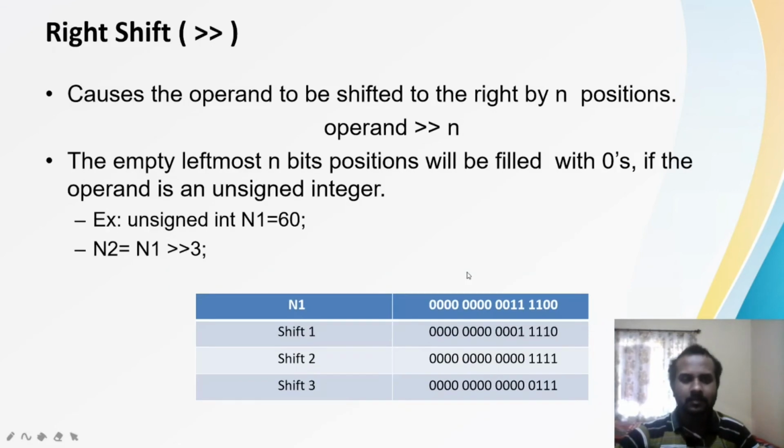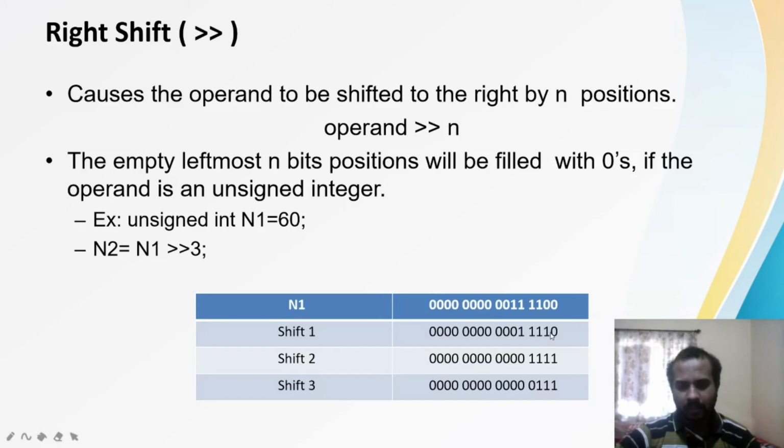Okay. Right shift. In the right shift, the operand is converted to bitwise format, and it will be shifted to the right side. The left empty positions will be filled with 0. So here I have again the n1, and next I am shifting it 3 times to the right side.